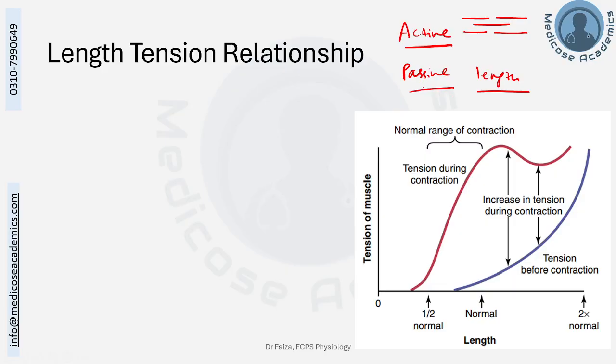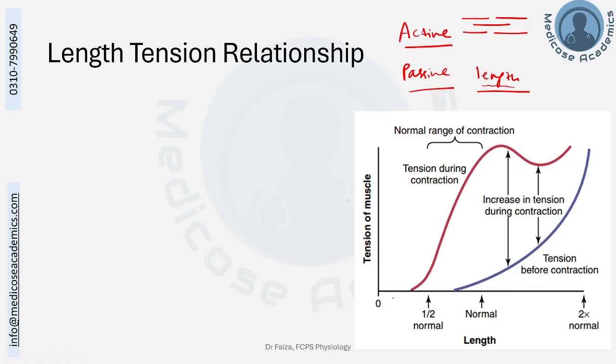Either the skeletal muscle is already elongated, or it is at resting state, or already contracted. That will decide the state of the muscle fiber length, and that will decide the passive tension in that skeletal muscle fiber. To understand, let's have a look again at this image.